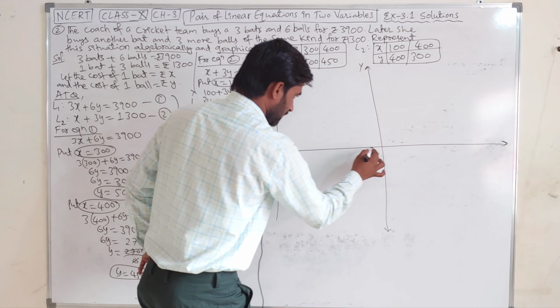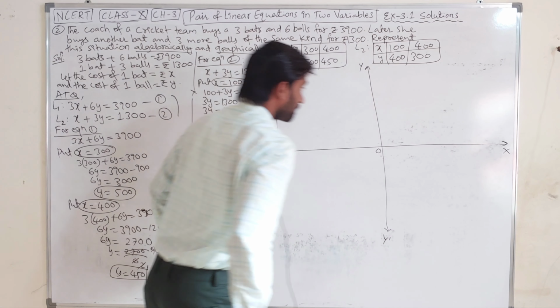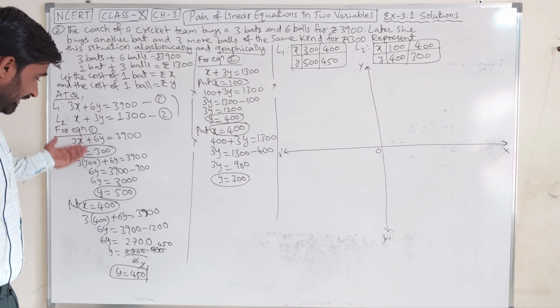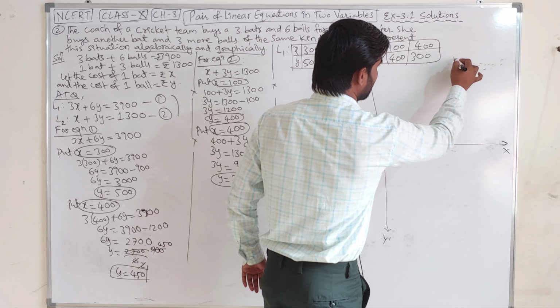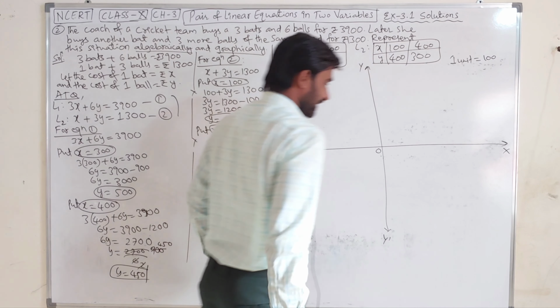Y-axis, x dash, origin, y dash, and x-axis. Here all the numbers are 300, 400, 500, 450, so we have to take the scale: 1 unit will be equal to 100.